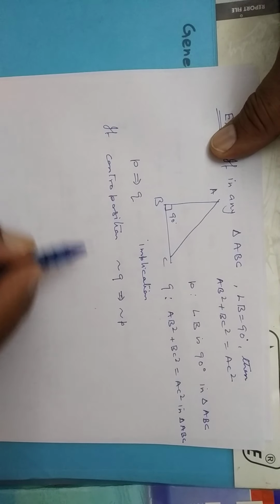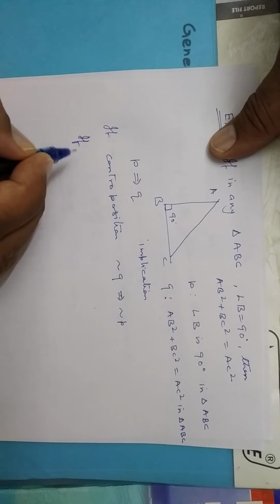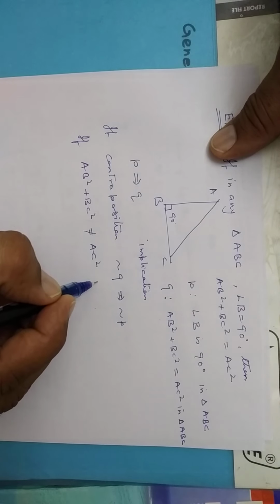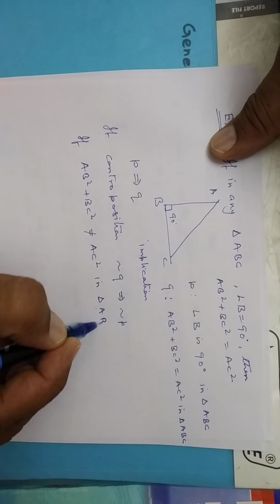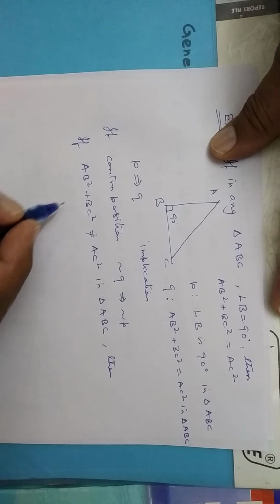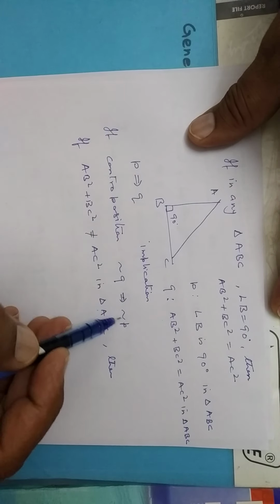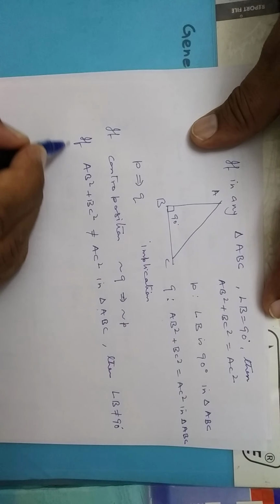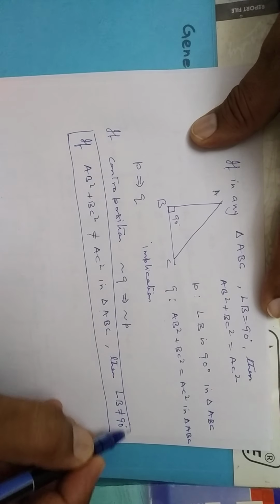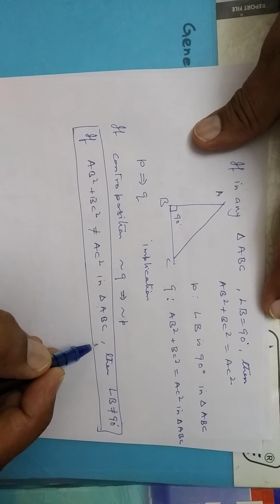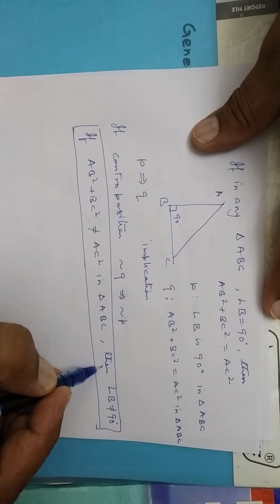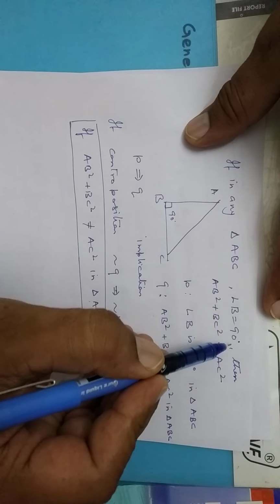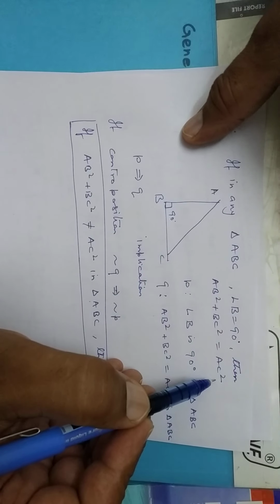In contraposition we will say, if AB square plus BC square is not equal to AC square in triangle ABC, then negation of P. Negation of P means angle B is not equal to 90 degrees. So this statement, this implication, because this is a statement joined by if and then, is the contraposition of this one: angle B is 90 degrees, then AB square plus BC square is equal to AC square.